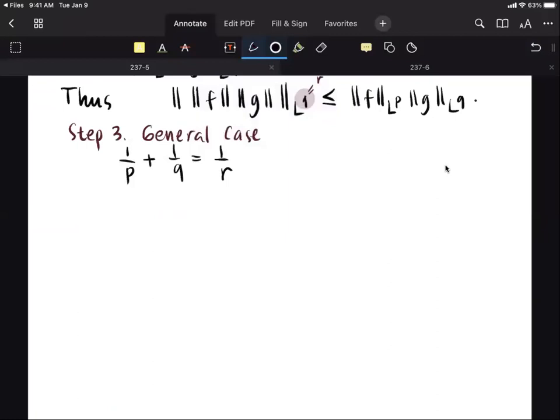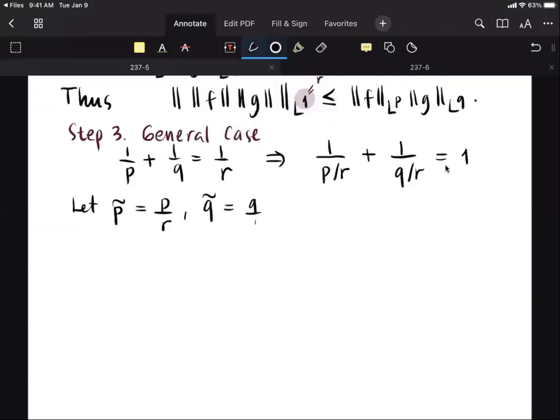We do that by dividing by R on the denominator. So if I take P tilde to be P over R and Q tilde to be Q over R, based on this equality, then the sum of the reciprocals of P tilde and Q tilde is now equal to 1.